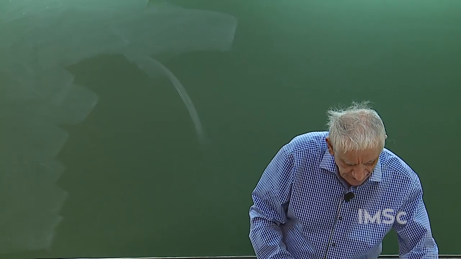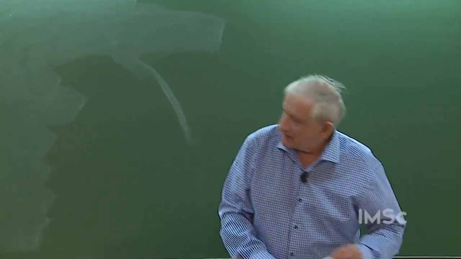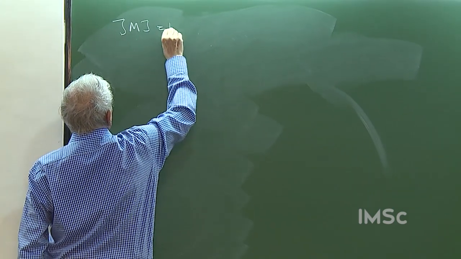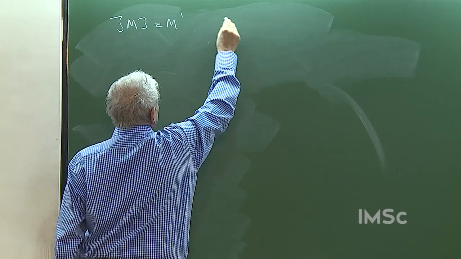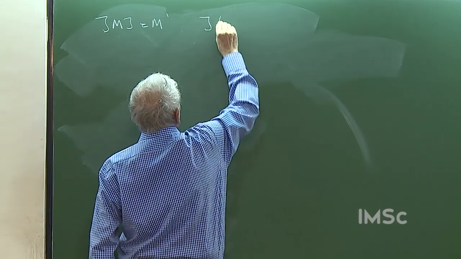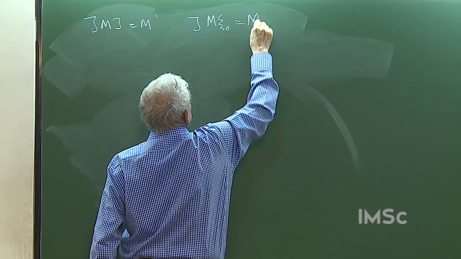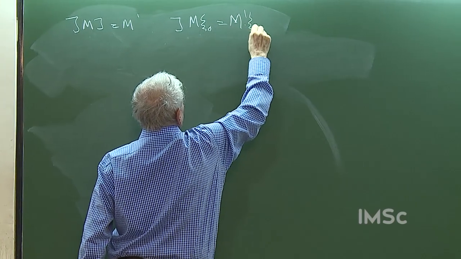See, once you have the result of the Tomita theorem, J M J is equal to M prime, you get immediately that J of M psi naught is equal to M prime psi naught.